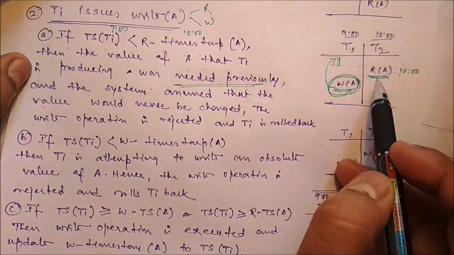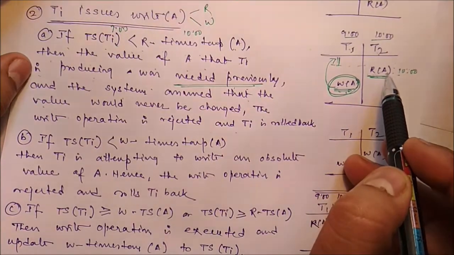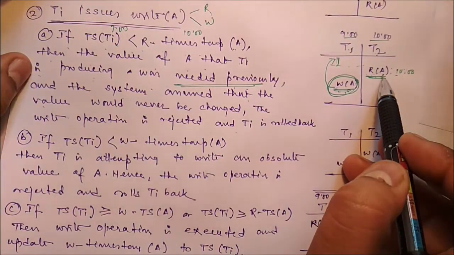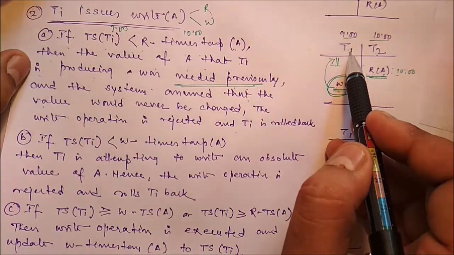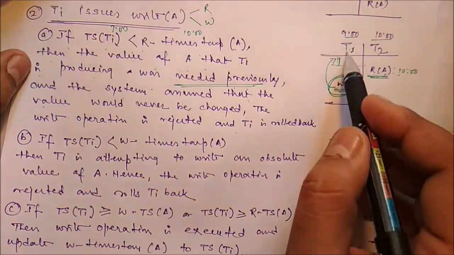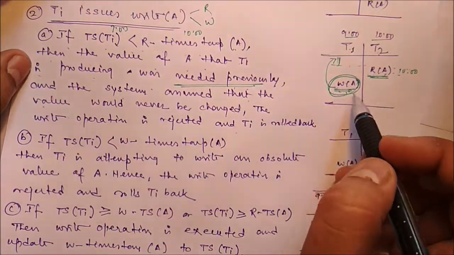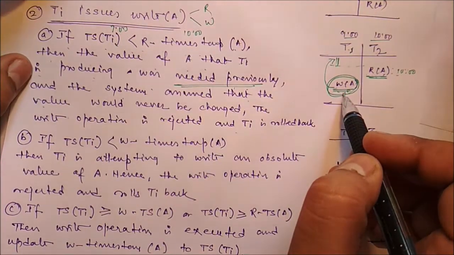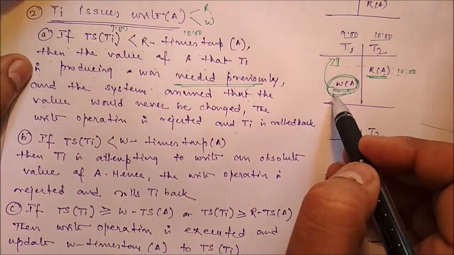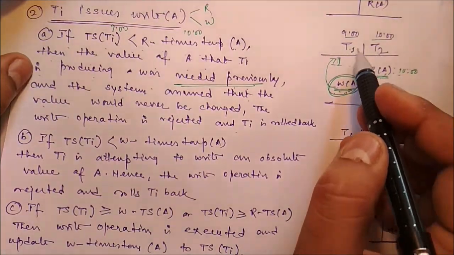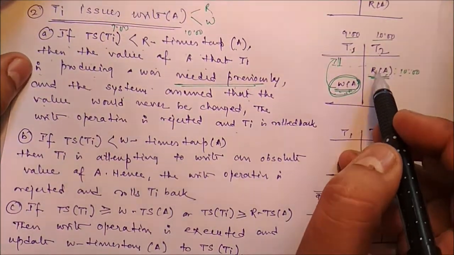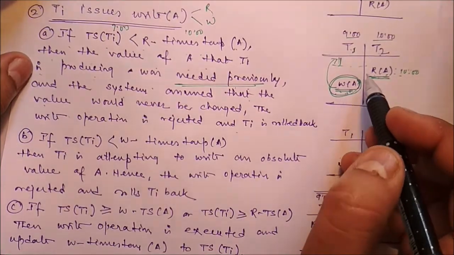Now T2 needs the updated value of A from T1, and that is possible if T1 executed this write operation. But due to this delay, T1 tried to write after the other transaction's read. So definitely it is not possible.